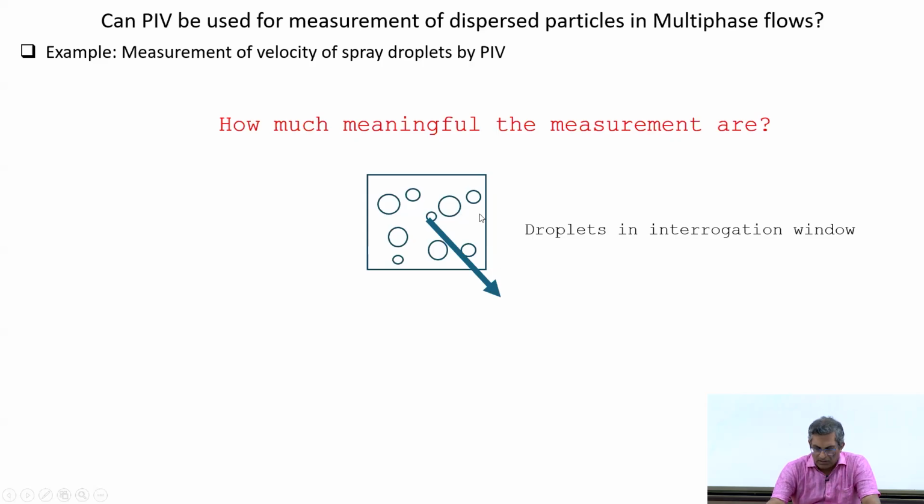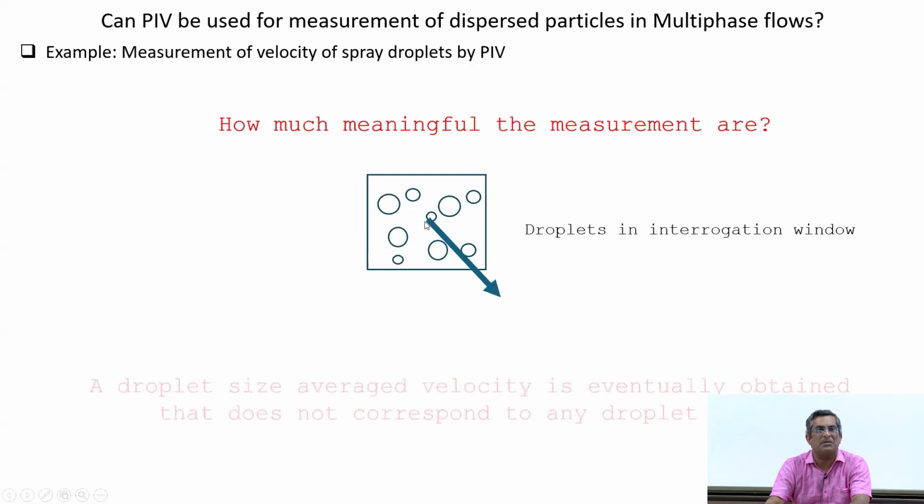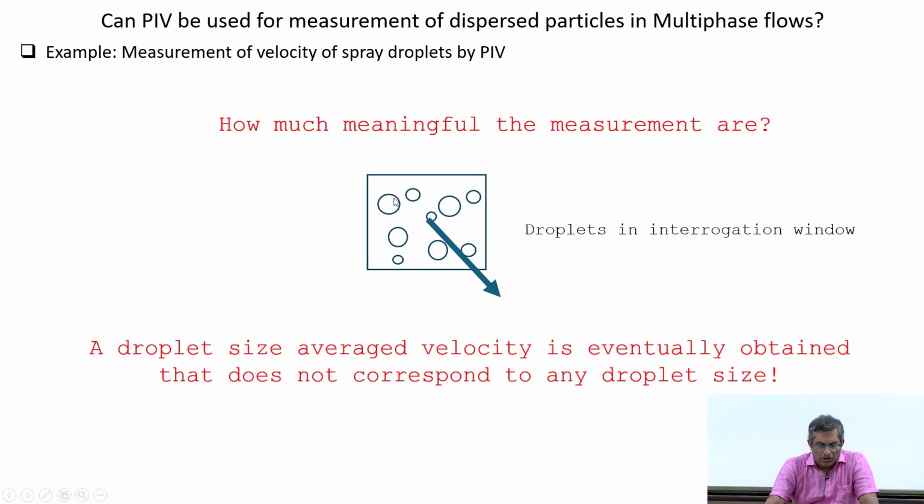In this example, we have many droplets in this interrogation window, but individual droplets have individual velocities. When you do PIV, you get a velocity for all these droplets within the interrogation window. So you get some type of droplet size averaged velocity. But we do not know which droplet size this velocity corresponds to.